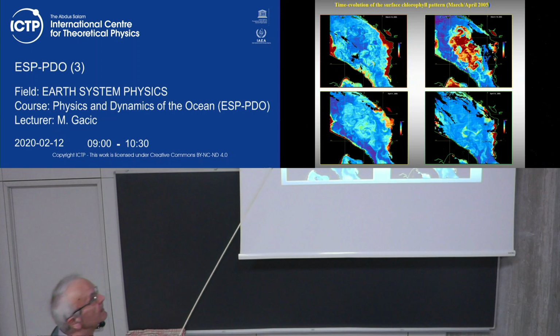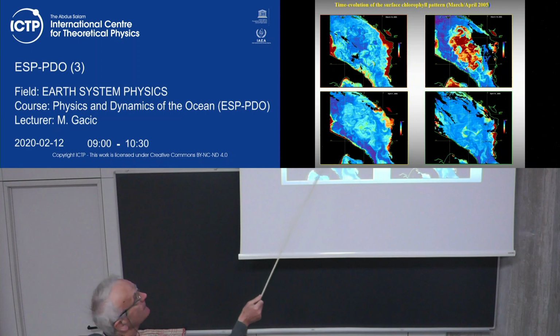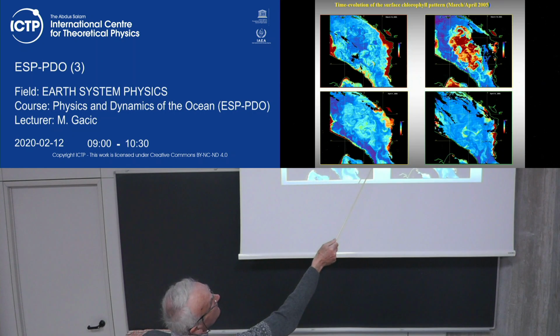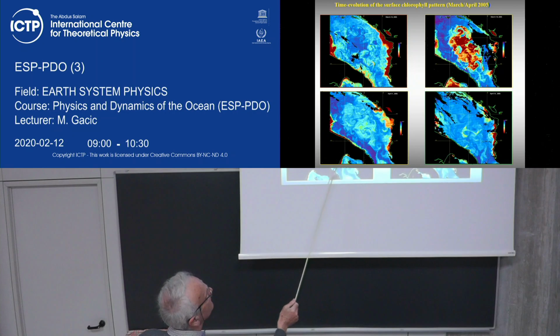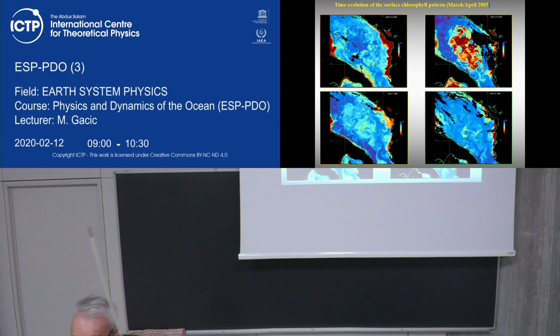So we picked four subsequent satellite images. One is March 16, the other one is March 19, April 4, and April 15. So the distance between different satellite images is on the order of 5 to 10 days.